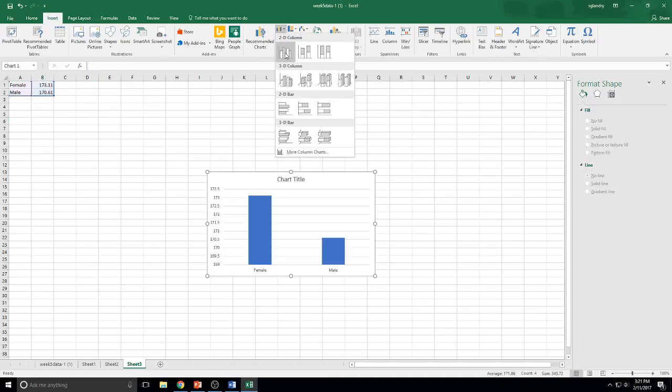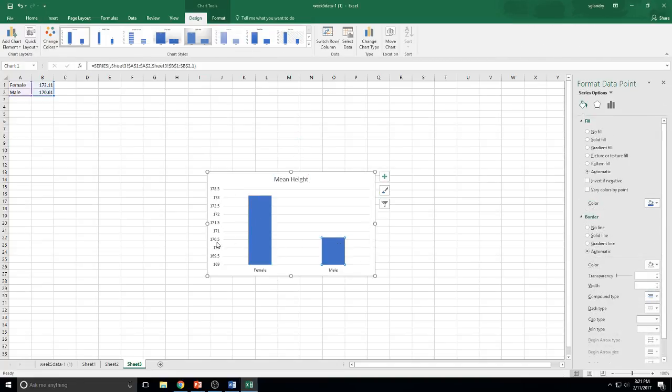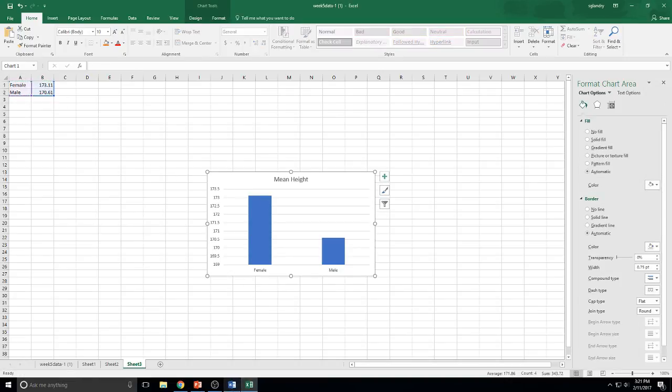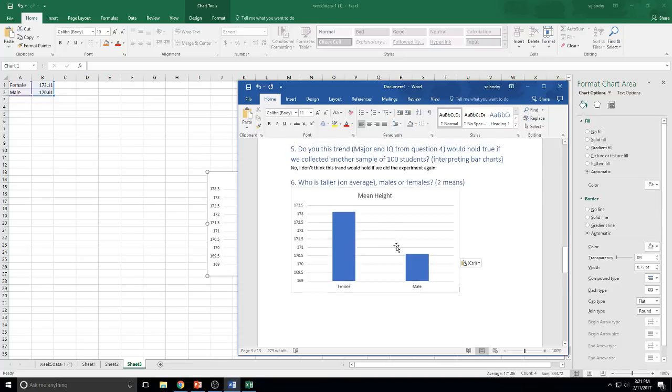Insert a, boom. Alright, so it looks like 173 versus 170. So what is that, like 3 centimeters difference? It's nothing, guys. Can I copy both of these things at the same time? Let's see what happens. Nope.